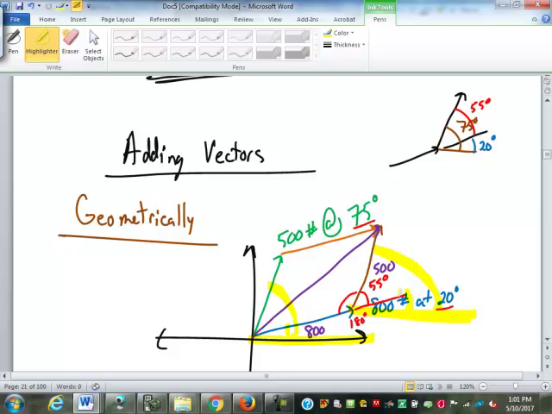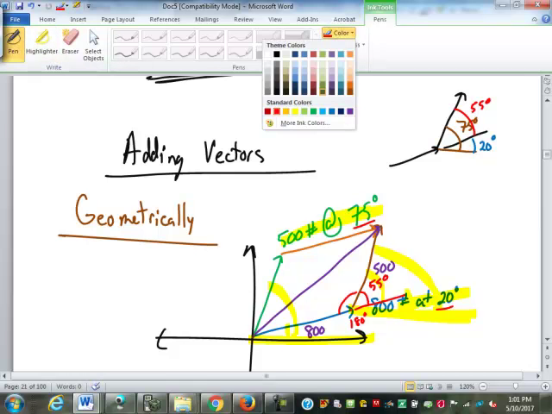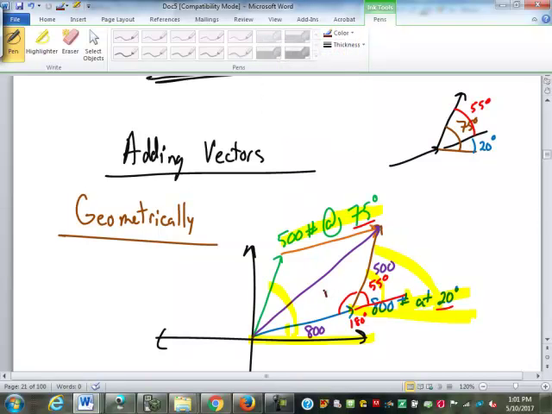So 75 minus 20 leaves me 55 there. Those are the directions of the two vectors. The 75 and the 20 are given with the vectors. So if I know that's 55 degrees, this here has to be 125 degrees right here.